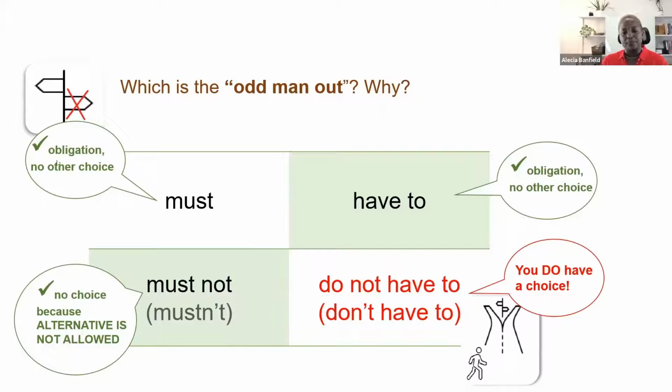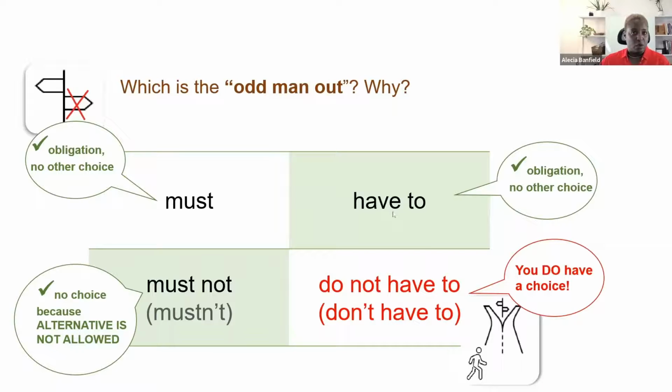And here's why. With must, we said, as before, there's an obligation. You have no other choice, at least not without a negative outcome. With must not, there's also kind of obligation. There also is no choice because the alternative simply is not allowed.